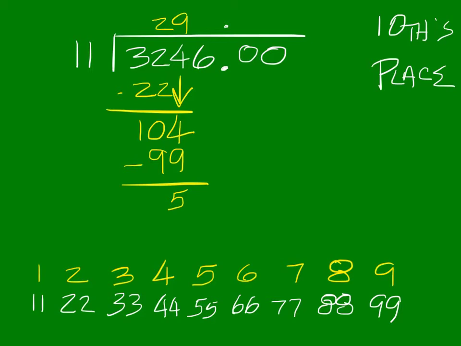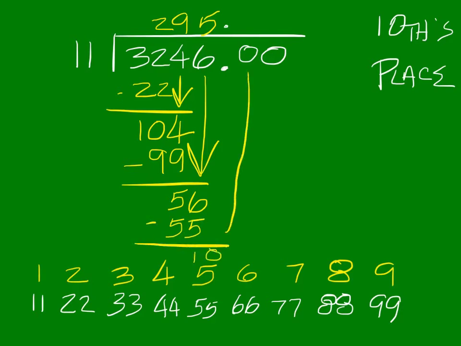Can't round anything yet. We're just doing division and subtraction. So now drop the 6 to get 56. And how many times will 11 go into 56? 5 times. We have 1 left over, so now we can drop a 0.